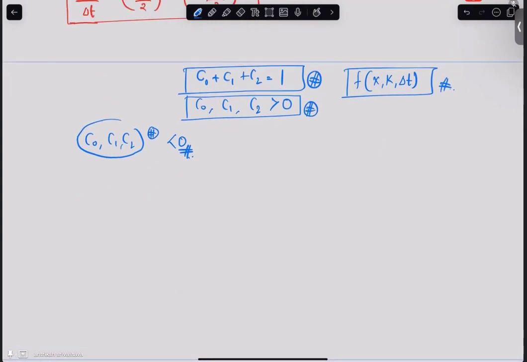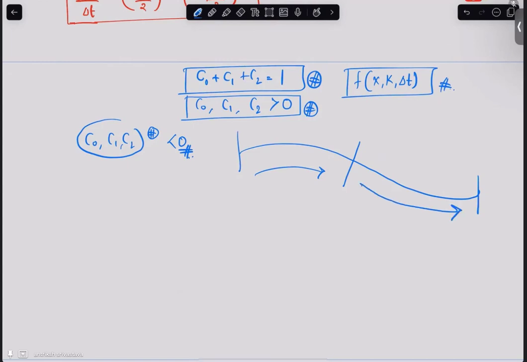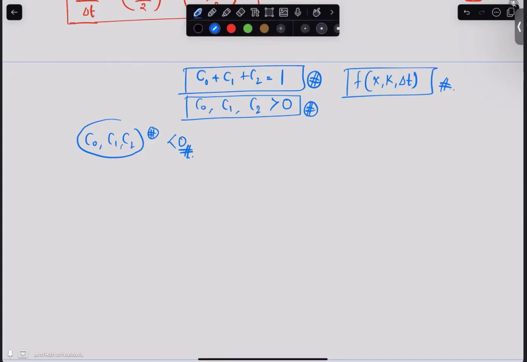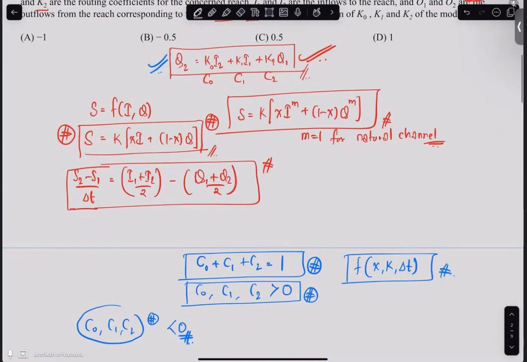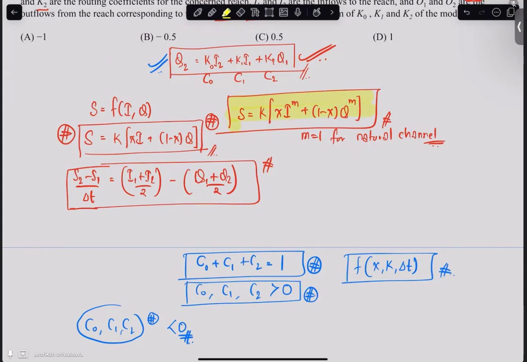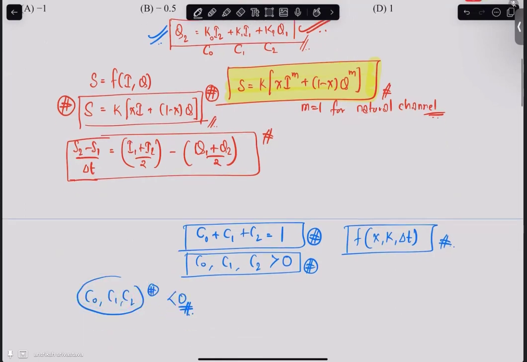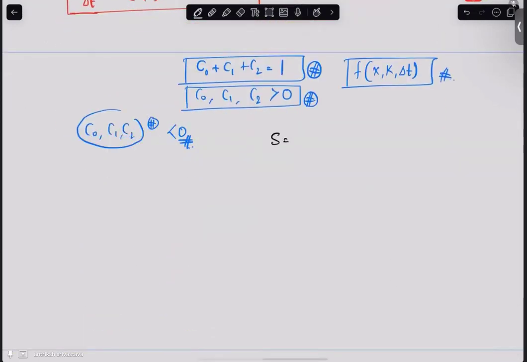The standard procedure is to divide the reach into two reaches and perform the routing once for this portion and then for this portion. Let me clarify what I mean by this. You don't need this for your GATE purpose, but just for completeness of this theory, I am going to tell, because this question doesn't have much weightage on its own if you don't know the background. So when you write S is equal to K X I plus 1 minus X into Q, K has the unit of time, right?